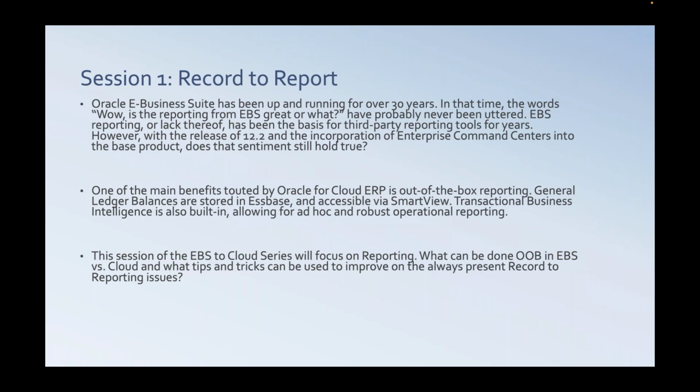There's no need in cloud to get any business intelligence tools because it's built in, something around the application, so we can do that kind of ad hoc reporting from an end user point of view. So what we're trying to do in this session is look at the reporting. What can I do out of the box in EBS? What can I do out of the box in cloud? And what tips and tricks do we have as we go through that? Tom, is there anything you want to add to that?